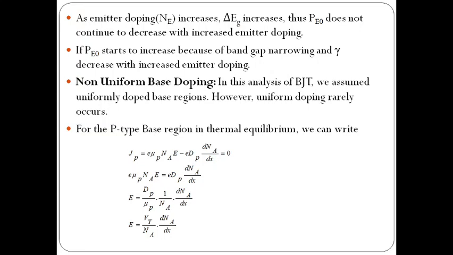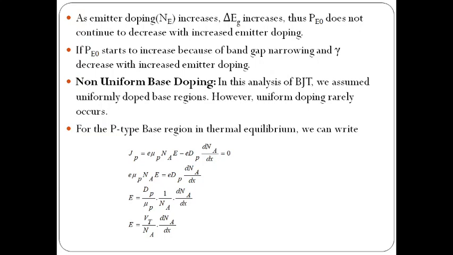Next, in previous discussions we assumed uniform doping, but what happens if the base is non-uniform? In this BJT, we assumed a uniformly doped base region. However, uniform doping rarely occurs in practice. For a p-type base region in thermal equilibrium, we can write the current density equals e mu p Na E minus e Dp dNa by dx, and it equals 0.